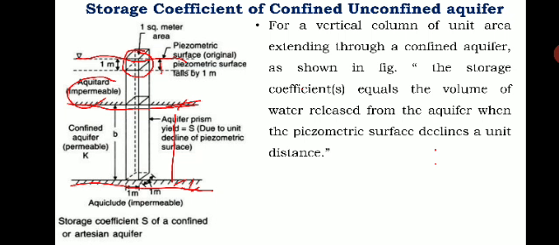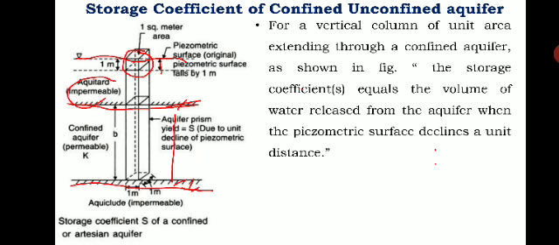So here what we are observing is the decline of the piezometric surface as shown in the figure. We have selected a vertical column of unit area which is extending through a confined aquifer.